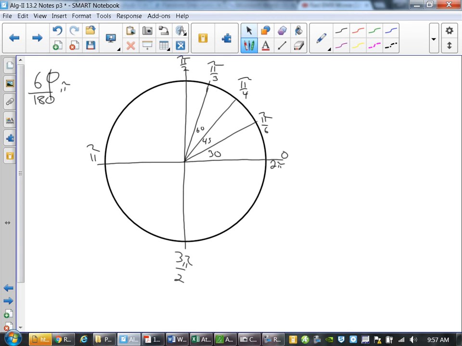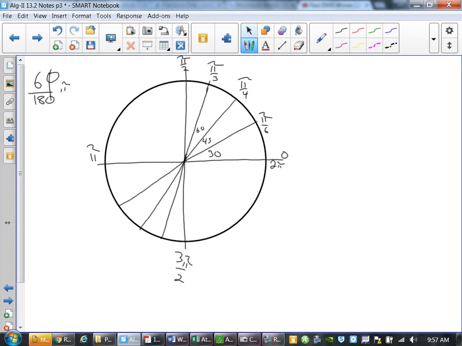As we come through the other side, sometimes it's easier on students to build the third quadrant next, because if I continue this line through here, and then this one through here, in essence, what am I doing to that pi over 6? What am I adding to it? Pi.